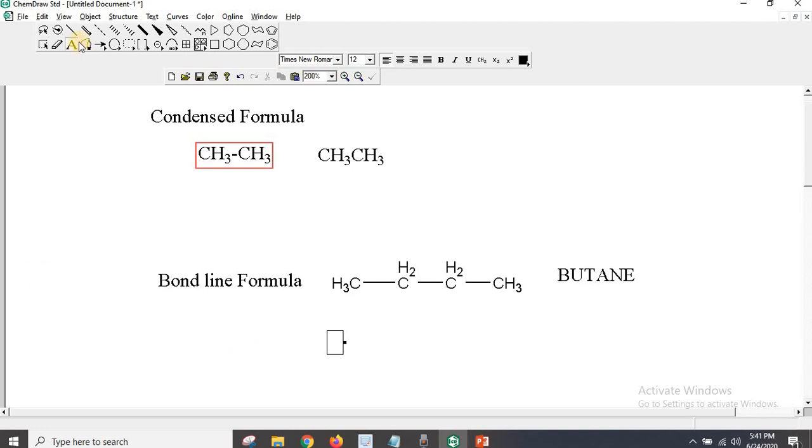According to sp3 hybridization, this can be formed. So this is the formula for butane. Now if you see this terminal carbon which I have shown here, this terminal carbon is nothing but the CH3 group. This is also a CH3 group.